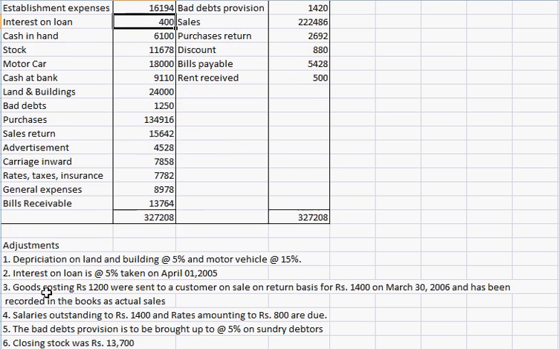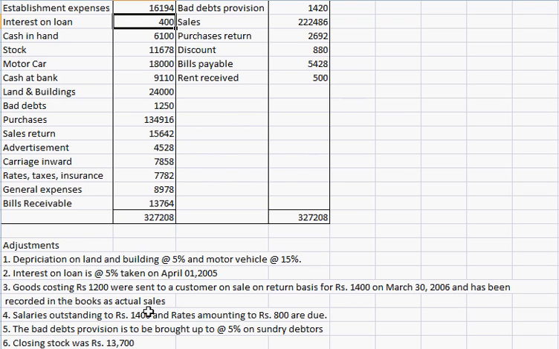The third entry is: goods costing 1200 were sent to the customer on sale on return basis for 1400 on March 30, 2006, and have been recorded in the books as actual sales.